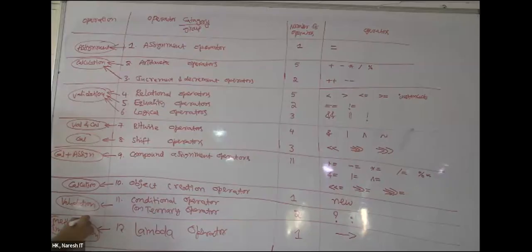Method implementation. Don't say method, say function. Function implementation. Function means combination of all three. Assignment, it has assignment, it has validation, it has calculation. All three will do. It is a function implementation operator.